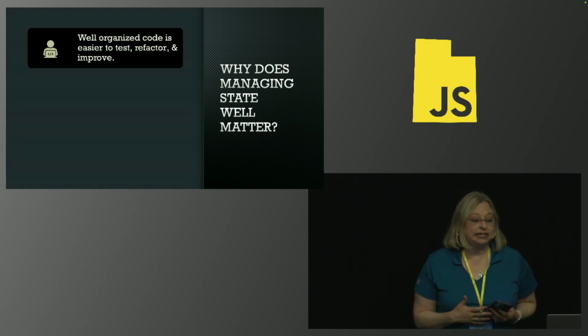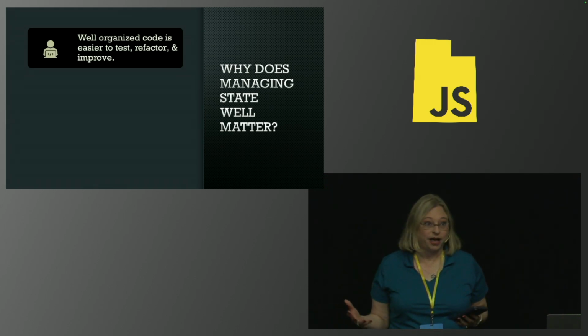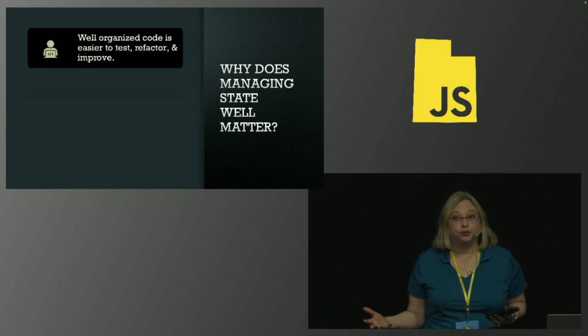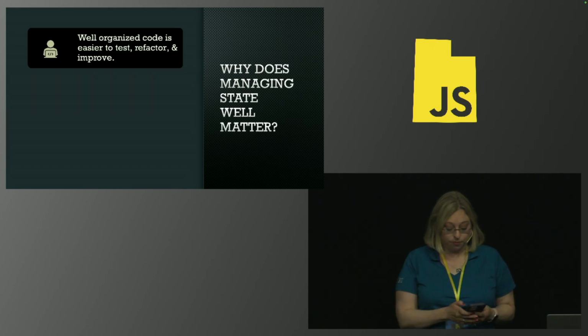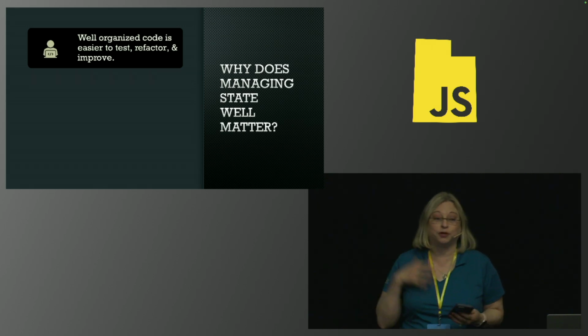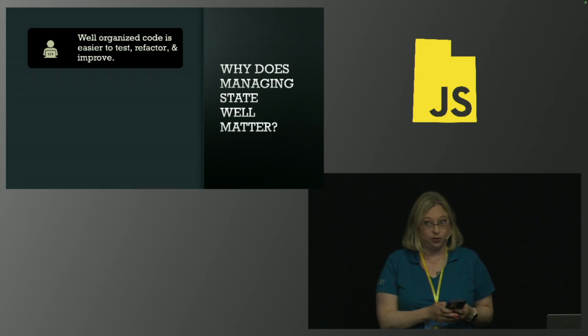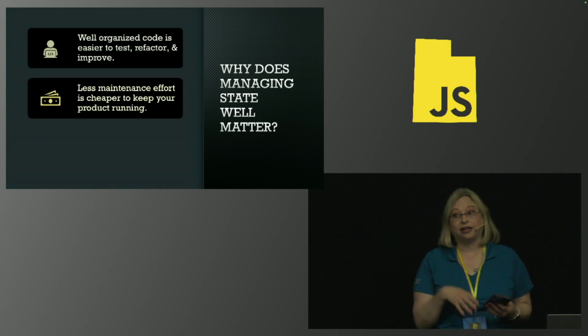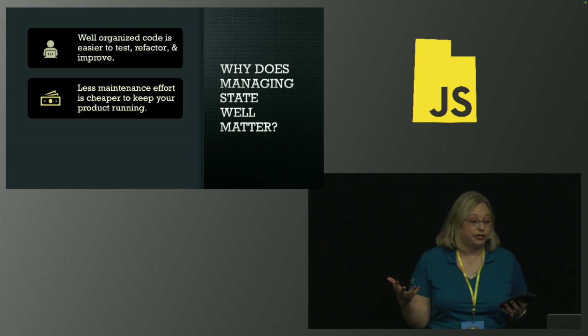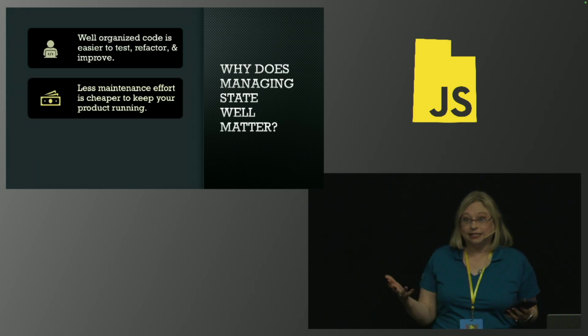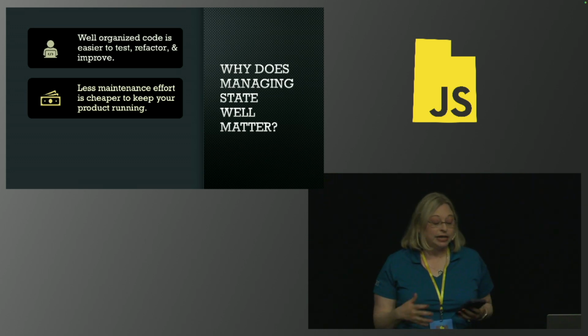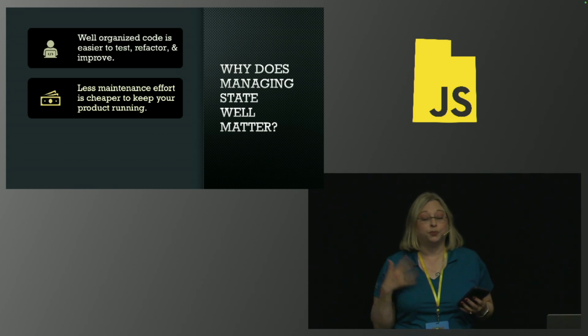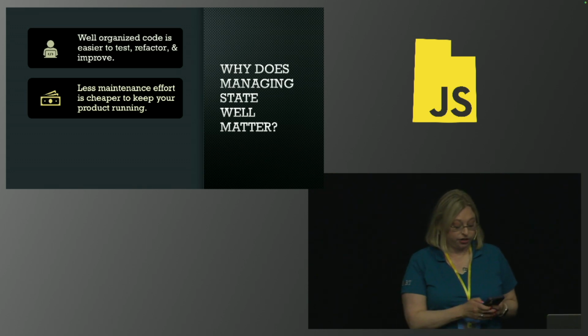Well-organized code is easier to test, it's easier to refactor, and it's easier to improve. It's easier to add new components and new features. Your PM wants that new thing right away, and it's easier if you know where your code is, right? Because it's easier, it's cheaper. It's cheaper to keep your product running over many years.